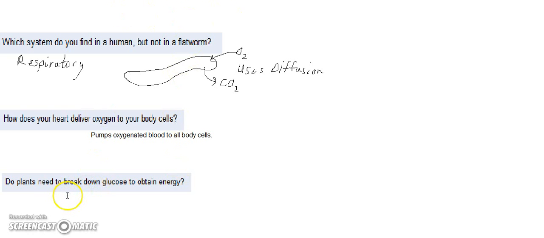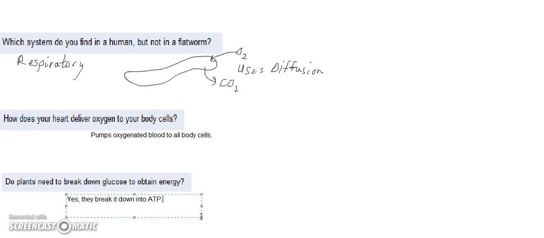Remember, all cells in the entire world use what form of energy? ATP. Yes, they use ATP. So yes, they do need to break down glucose. They break it down into ATP, and that's the energy that the cells use.